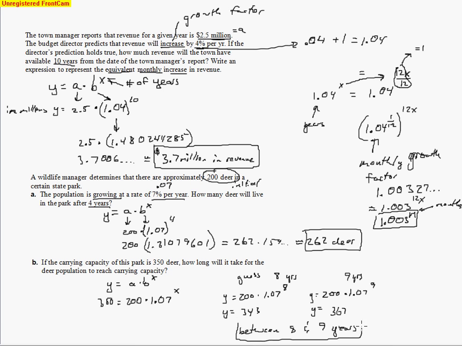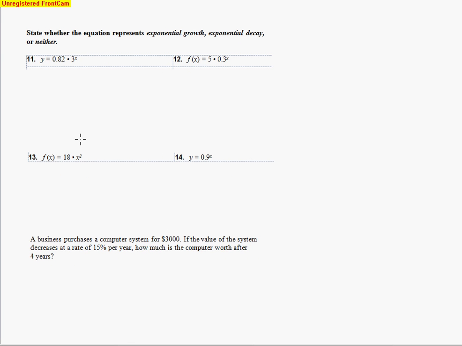So let's take a look at another problem. Here it says state whether the equation represents exponential growth, exponential decay, or neither. Remember, on that first page I showed you, A times B to the x power is our exponential formula.